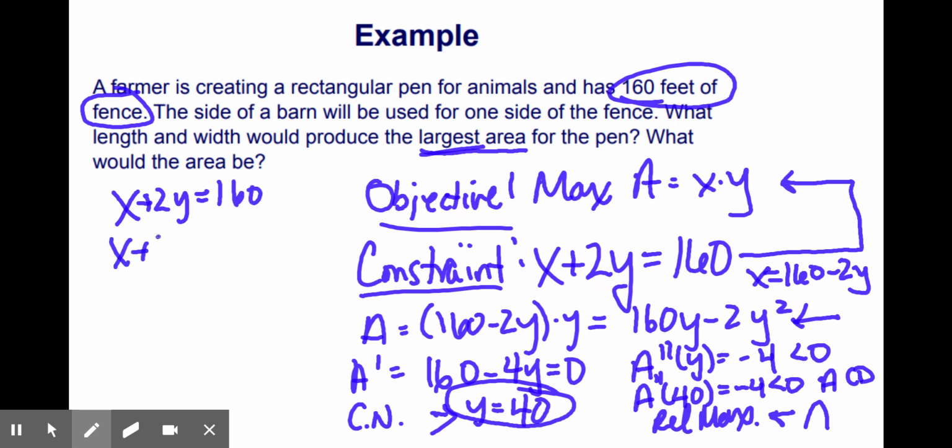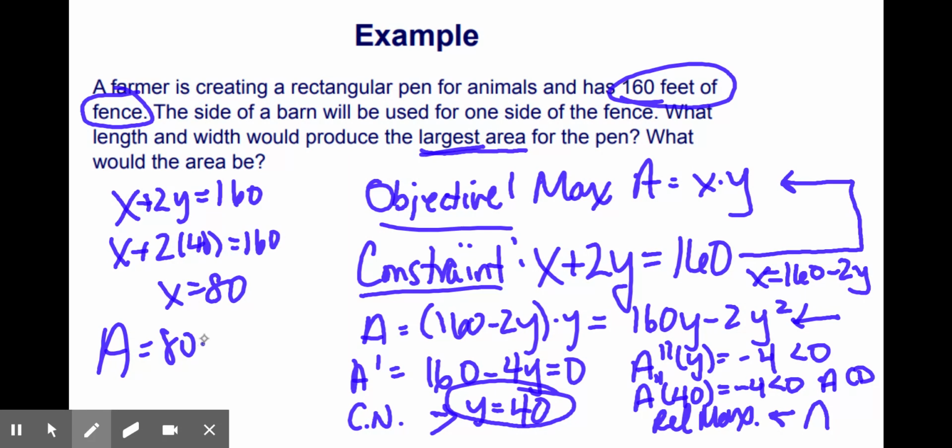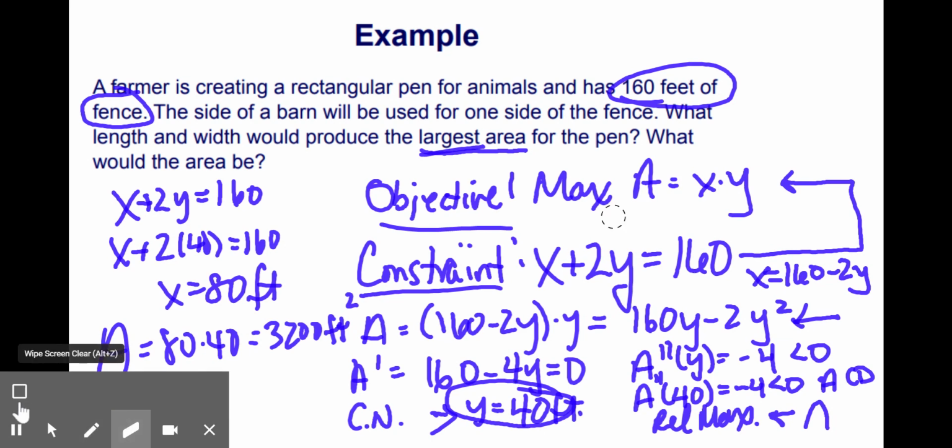So X plus 2 times 40 is equal to 160. So X equals 80. And then the area will be 80 times 40, which is 3,200 square feet. So it's 80 feet by 40 feet and 3,200 square feet for the area. That is what the maximum area would be.